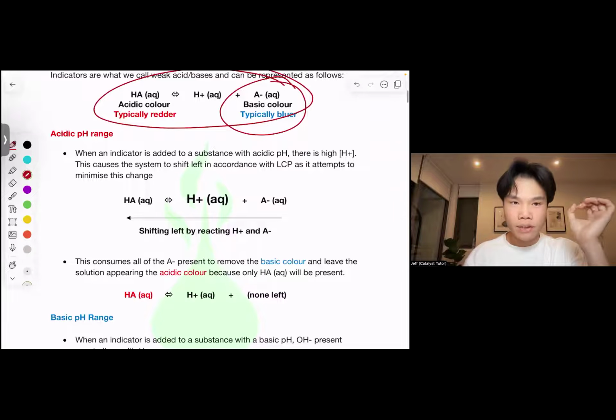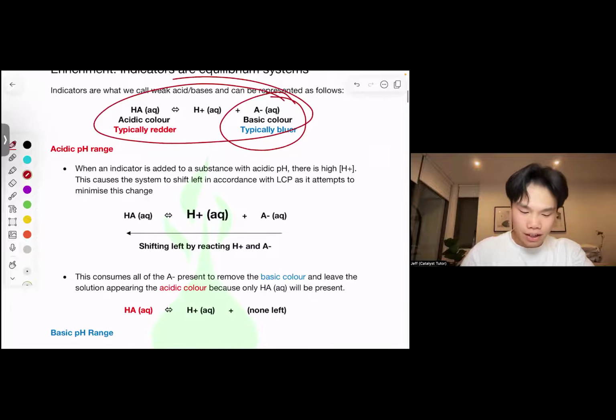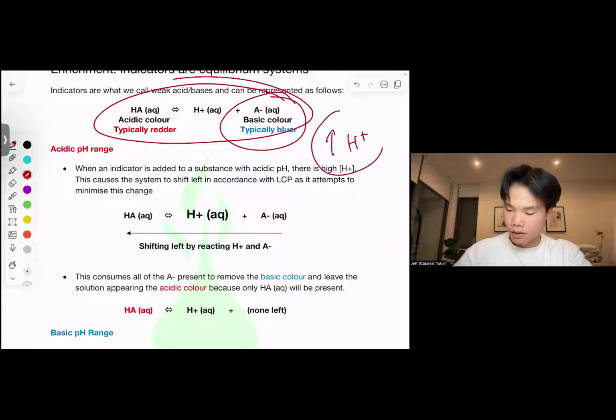When you have an acidic solution, this means that you have a lot of H plus. So look what a high H plus concentration does to our equilibrium system.